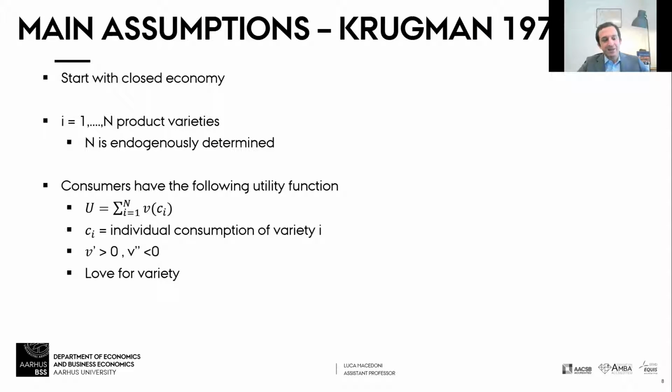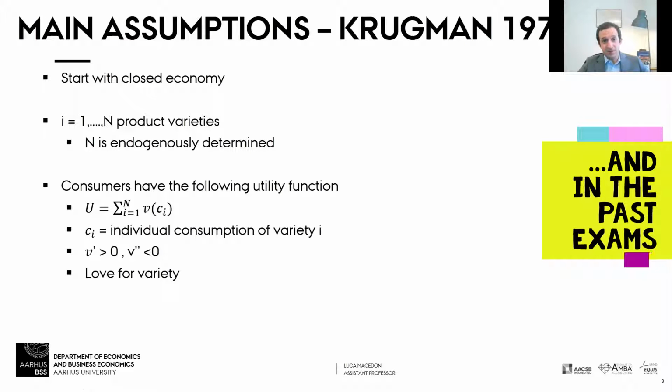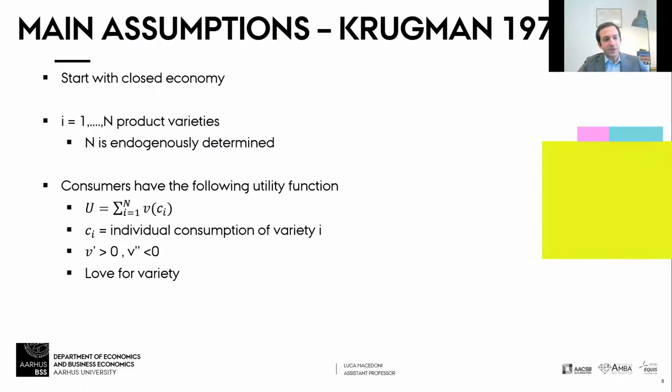Now, consumers are going to have this additively separable utility function. Basically, your utility is the summation across all of the varieties i, from 1 to n, of your consumption c_i, which is evaluated by this function V. This V could be a lot of different things, and you're going to see in the homework and perhaps in the problems that we do together on Wednesday, different formulations for this V. Now, V prime is positive: the more you consume of a variety, the better off you are.